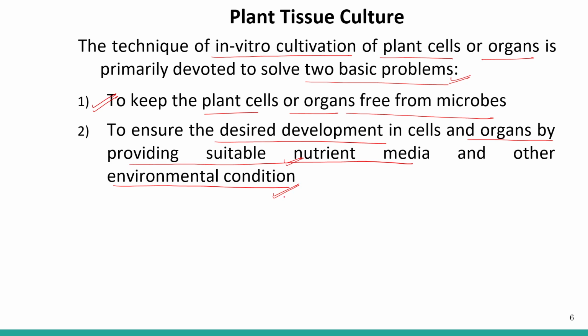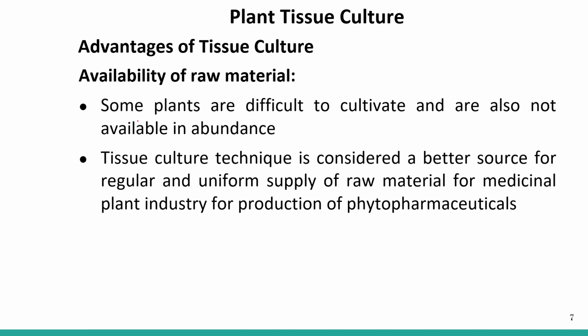So these two things you must ensure for the in vitro cultivation of plant cells or organs. These are the two basic problems you have to keep in mind while considering plant tissue culture. Now, there are so many advantages of tissue culture.